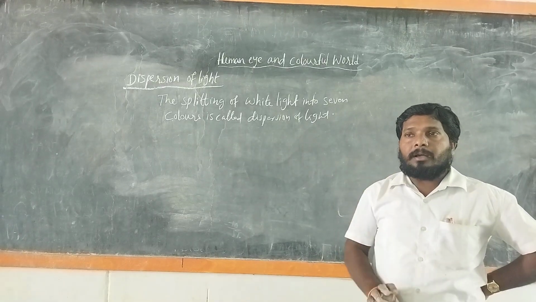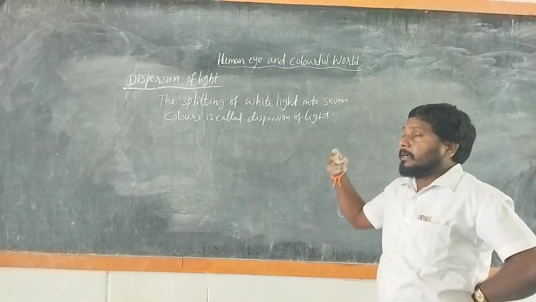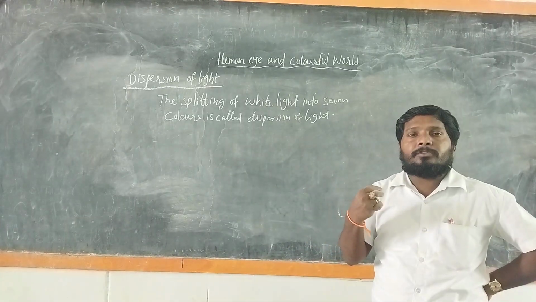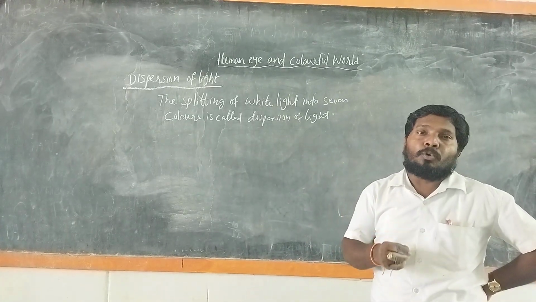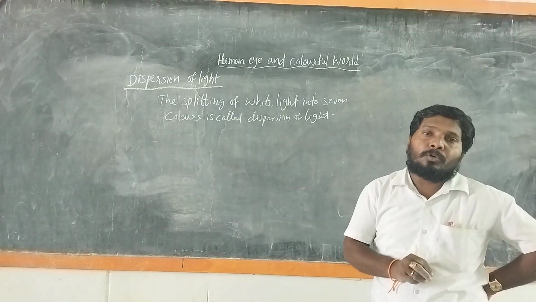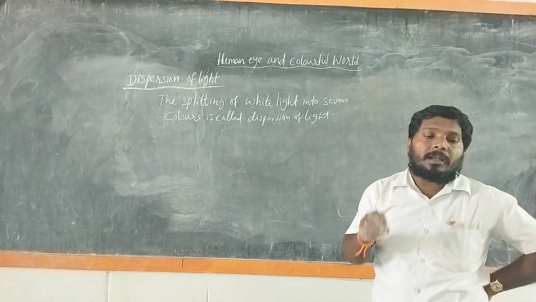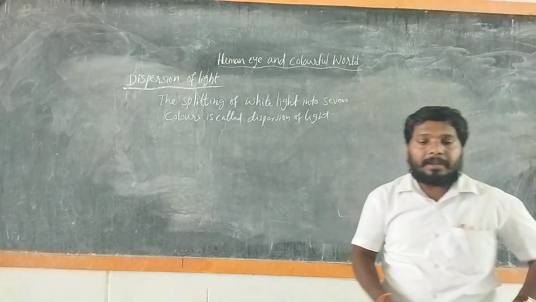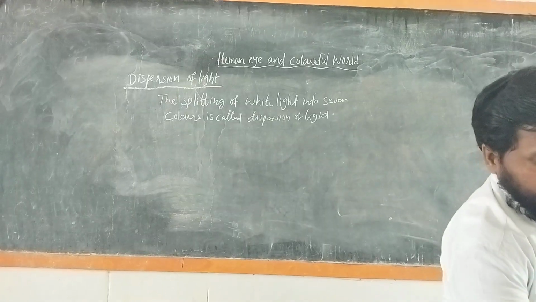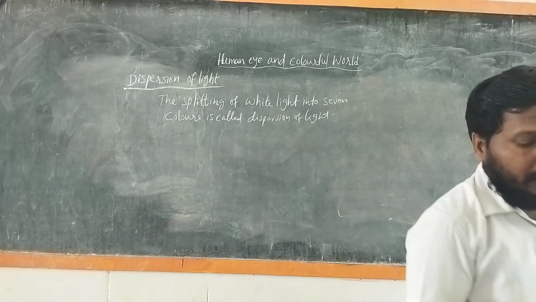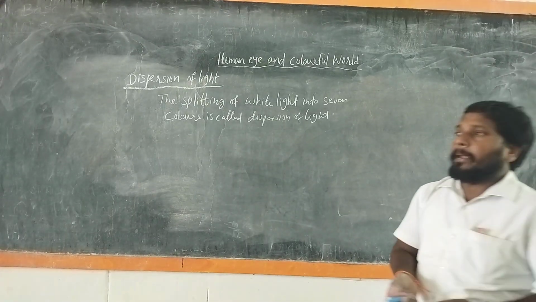That process of splitting of white light into 7 colors is known as dispersion of light. The 7 colors are termed as spectrum.